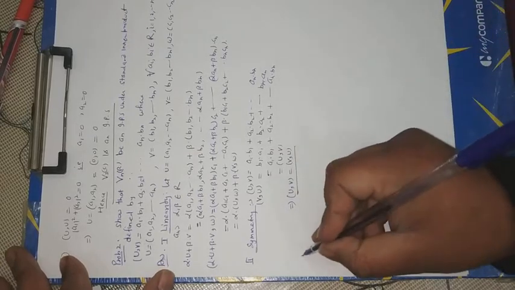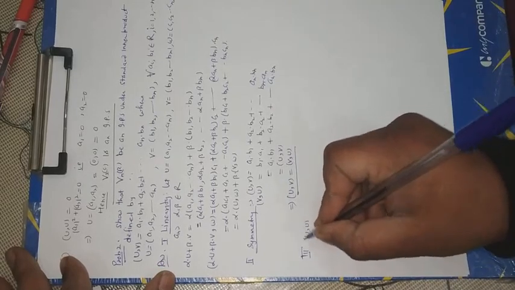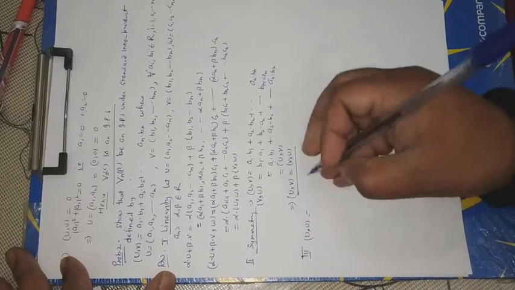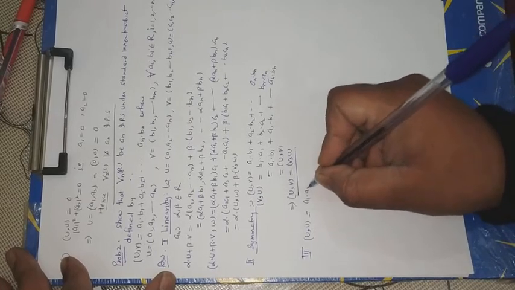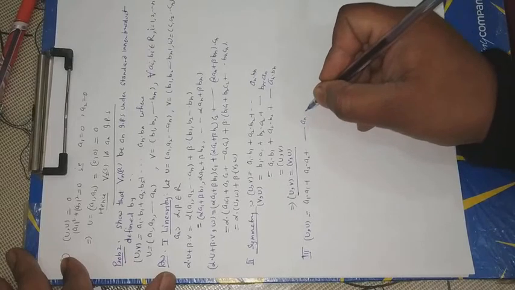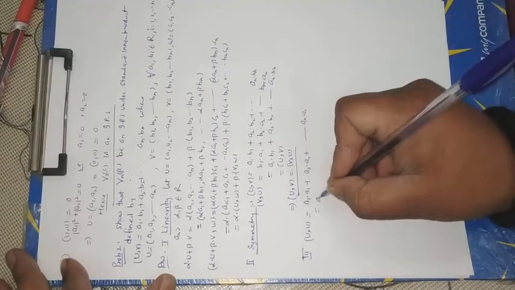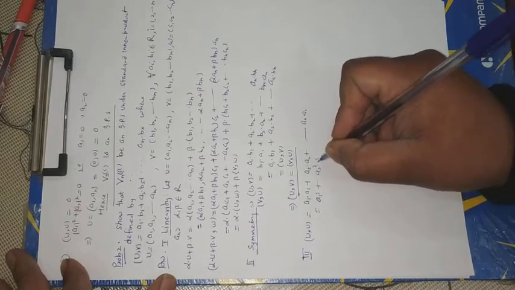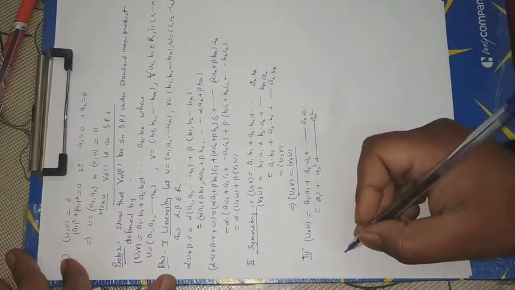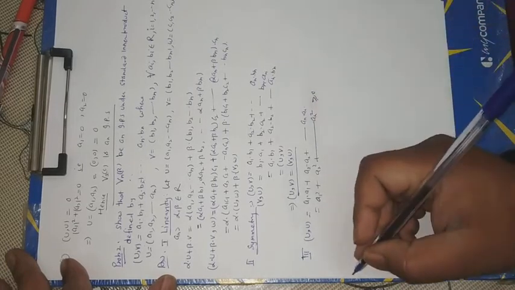Now third property, U inner product with U is equal to A1 into A1 plus A2 into A2 plus up to dot AN into AN. That is A1 square plus A2 square plus up to dot AN square, always greater than or equal to 0.